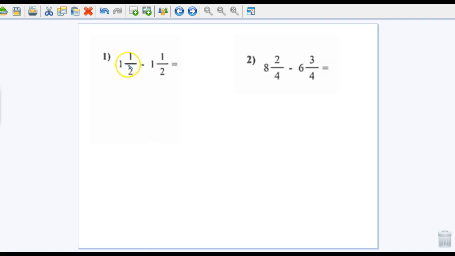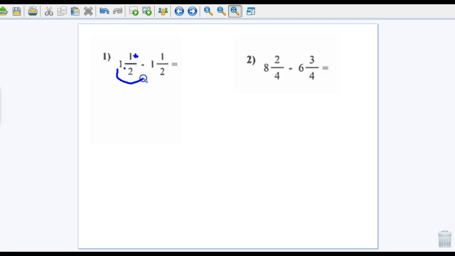So in order to subtract this, I want you guys to convert these mixed numbers, and the reason it's mixed is because you have a whole number and part of a number. I want you to convert them into improper fractions. Okay, so we're going to take 1 and multiply it, 1 times 2, and then we're going to add 1.